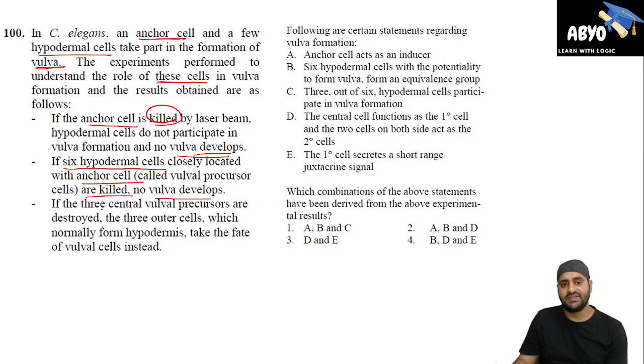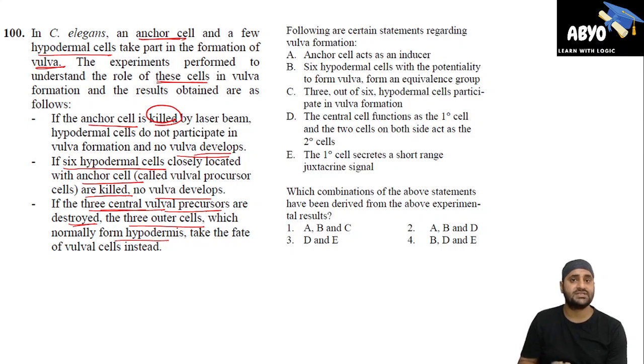Third is, if the 3 central cells, which 3 central cells? Come on. 3 central vulvar precursor cells are destroyed, the 3 outer, which normally form the hypodermis, take part in the fate of vulvar cells instead, right? So 3 central cells, what were those?